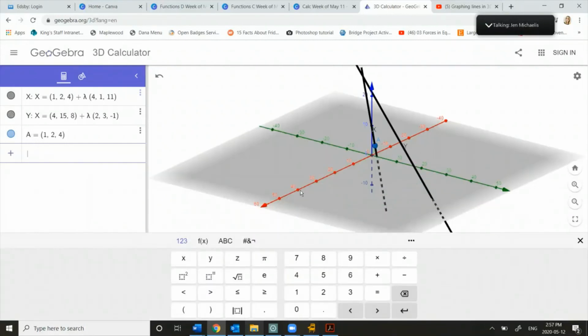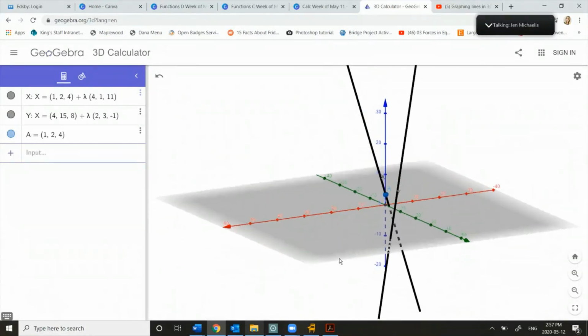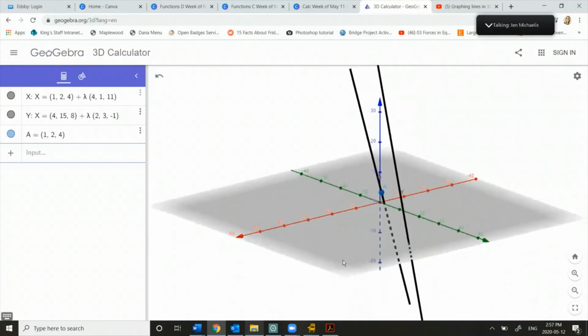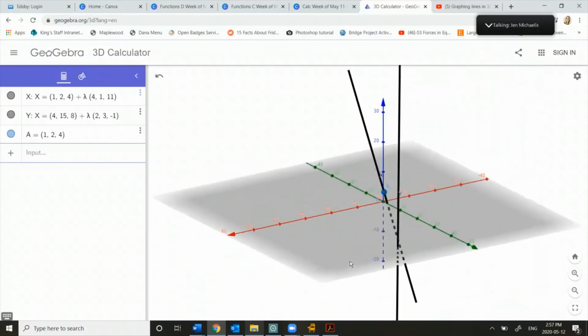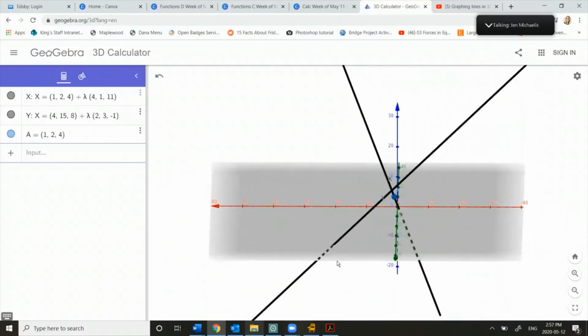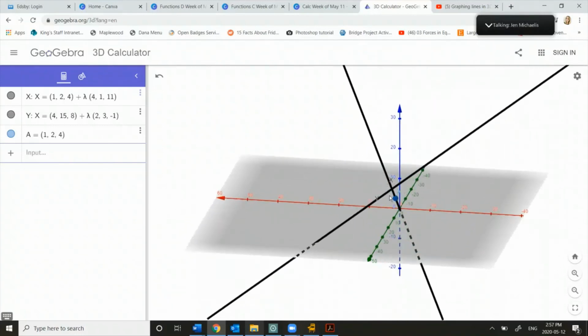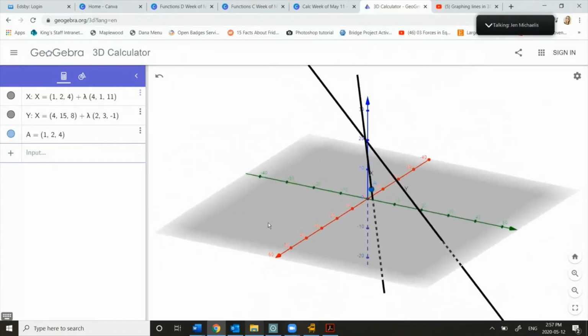So once we find our plane, we should expect that our vector y meets the plane at a perpendicular angle, and the plane also needs to cut through this point A, and it has a direction vector inside. I'm expecting the plane to cut through right here so that it's perpendicular to this line y.